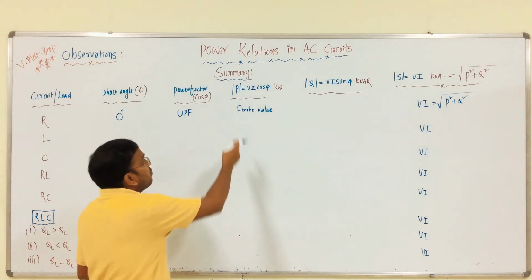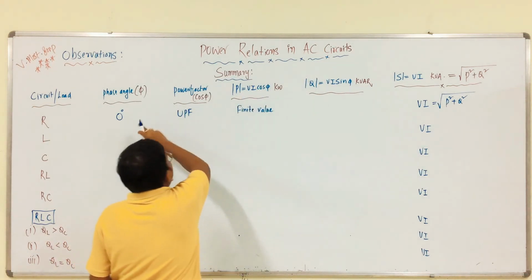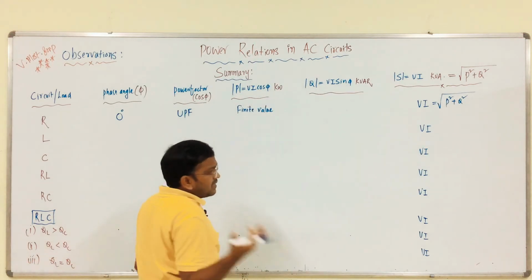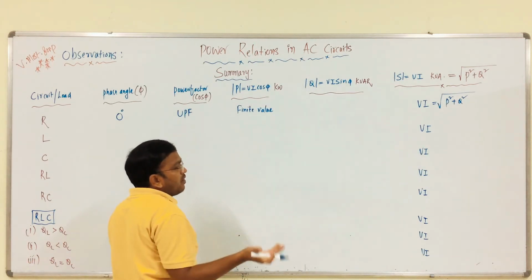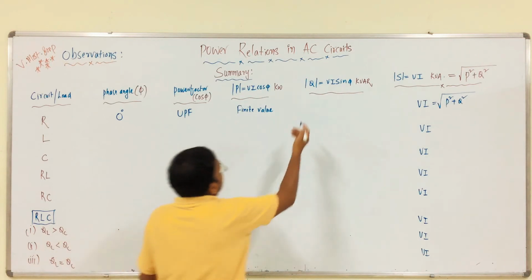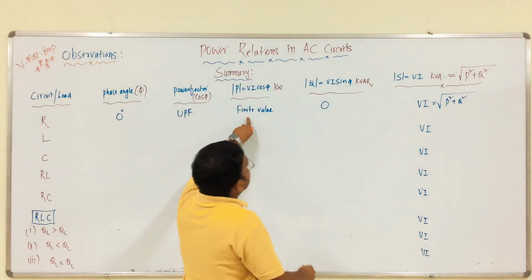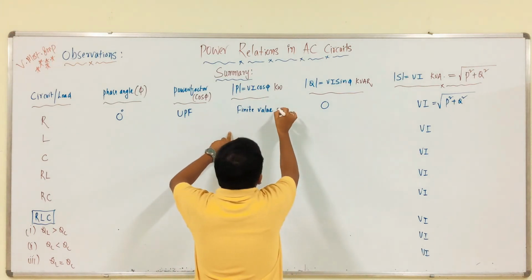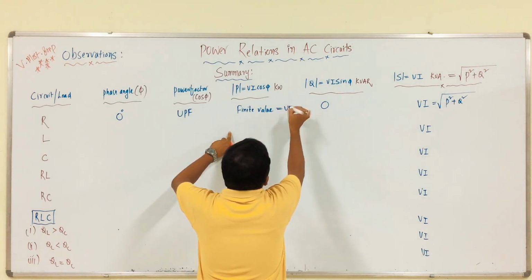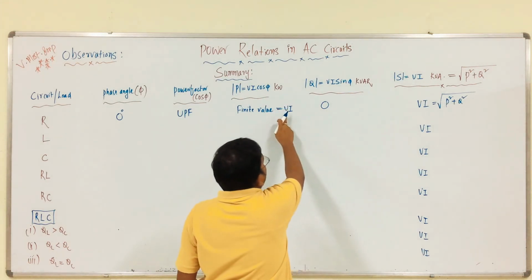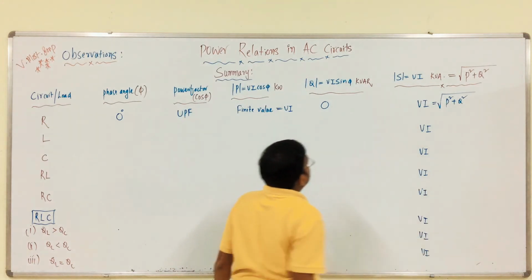So, substitute the value of voltage and current. Cos phi is nothing but unity, so P should be equal to VI.